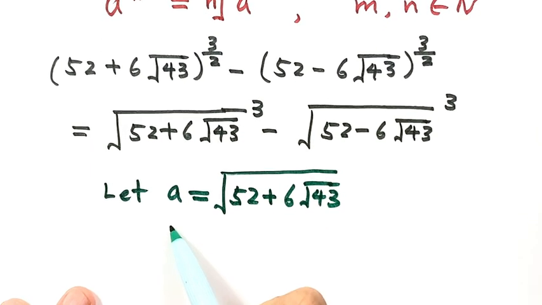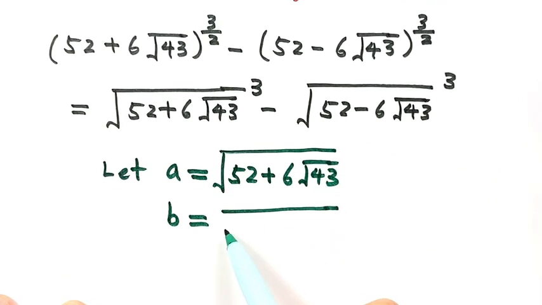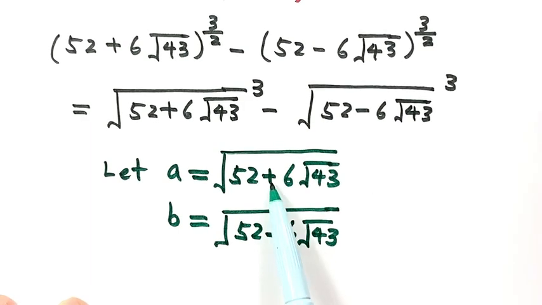Then let b equal this square root, the square root of 52 minus 6 square root 43. Because here is a plus, here's a minus, we have a is bigger than b.